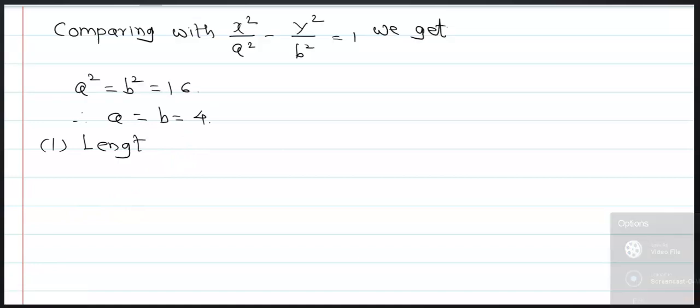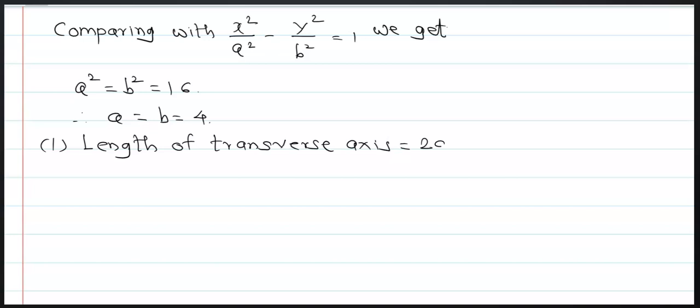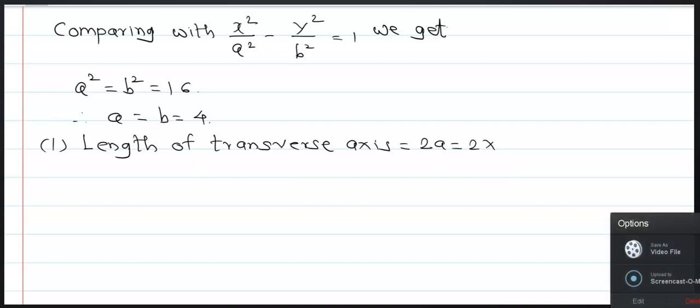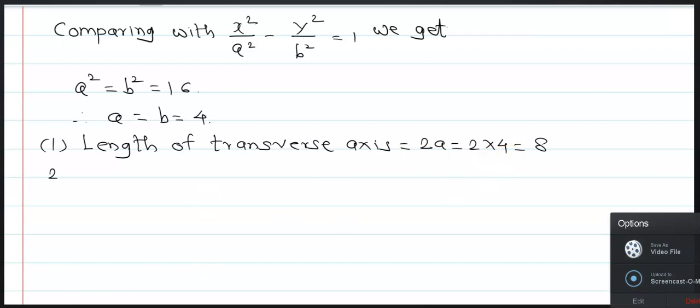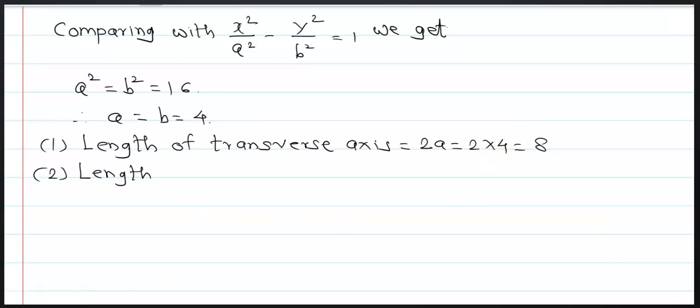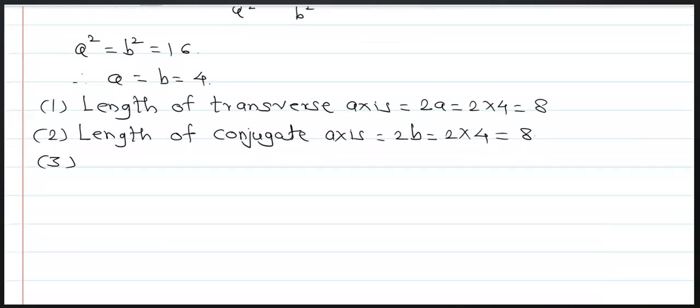Length of transverse axis is 2a, 2 into 4, that is equal to 8. Length of conjugate axis is 2b, 2 into 4, that is equal to 8.